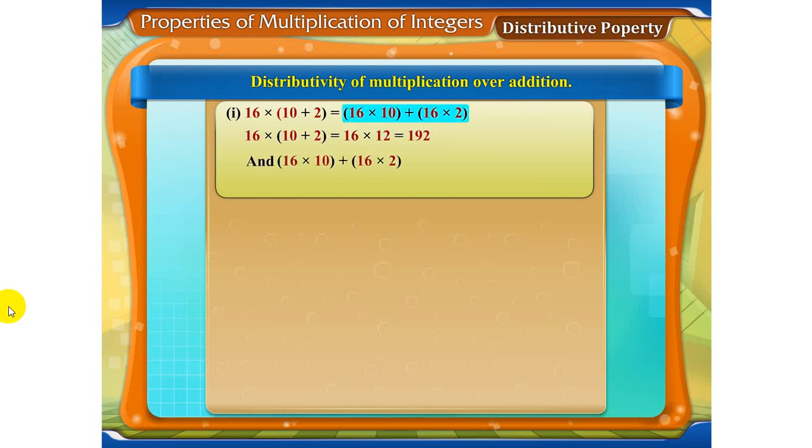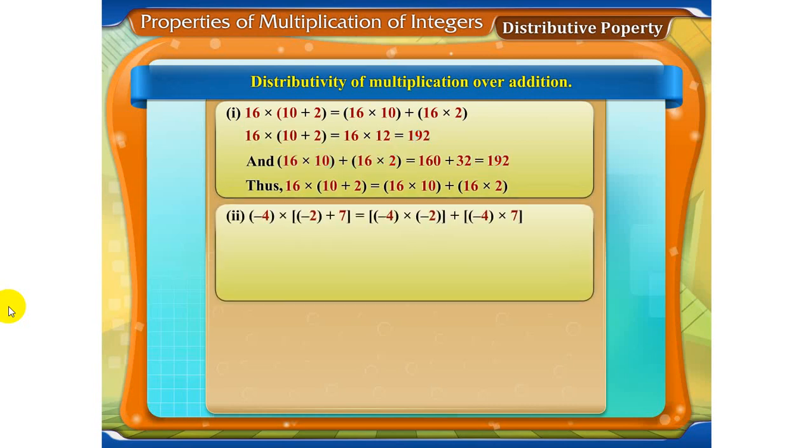And 16 multiplied by 10 plus 16 multiplied by 2 is equal to 160 plus 32, which is equal to 192. Thus, 16 multiplied by 10 plus 2 is equal to 16 multiplied by 10 plus 16 multiplied by 2.